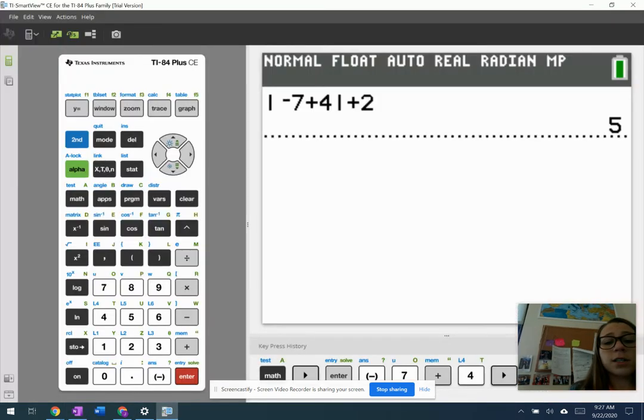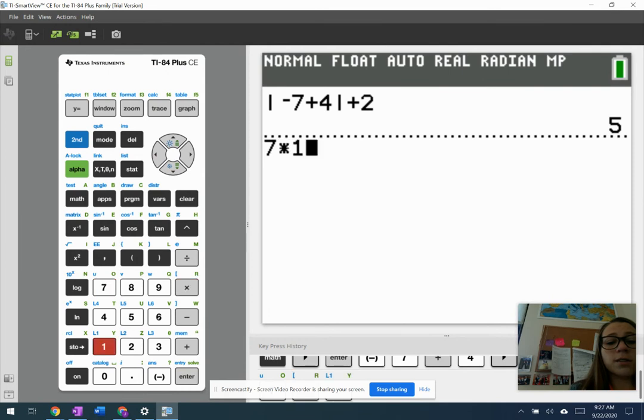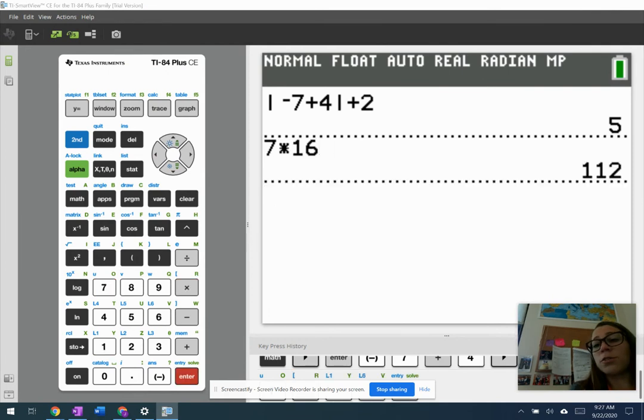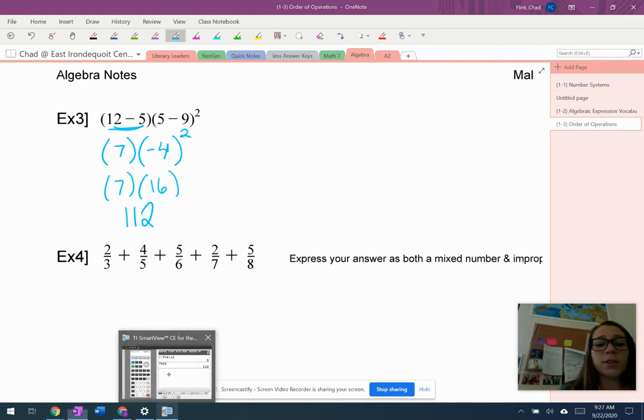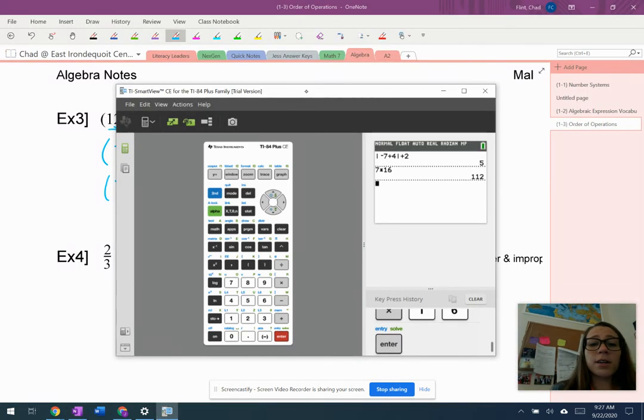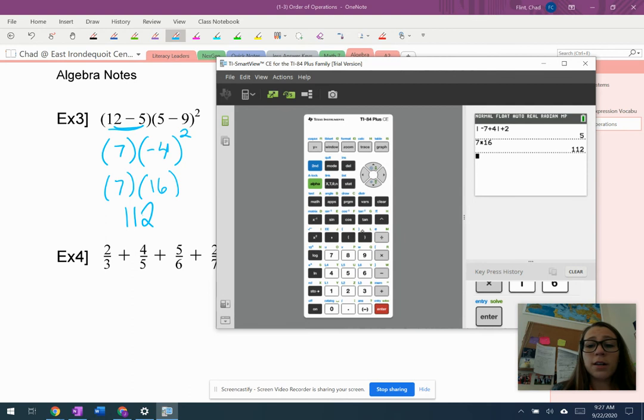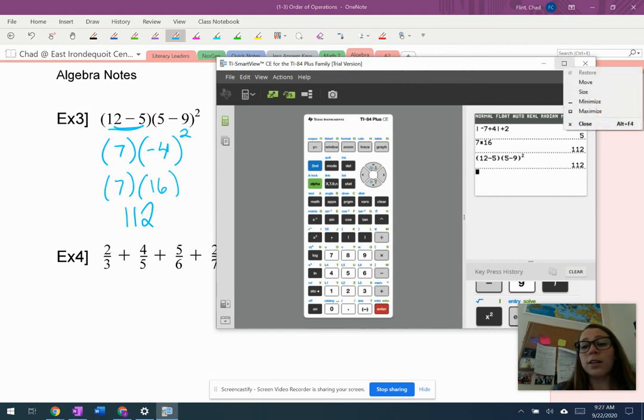And 7 times 16 I don't have memorized, 112. Which again, you also could have gotten that same answer by putting that exact expression into the calculator. Parentheses, 12 minus 5, close parentheses, open parentheses, 5 minus 9, close parentheses, squared. Boom, 112, just like we got doing it by hand.